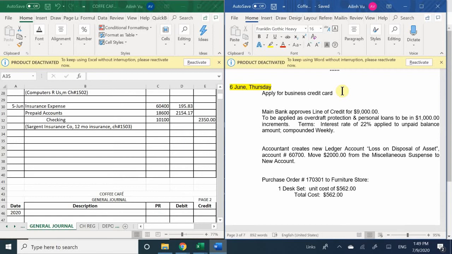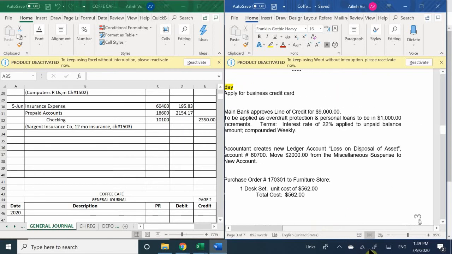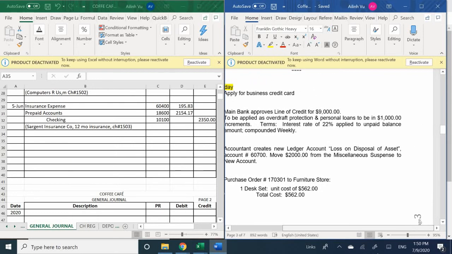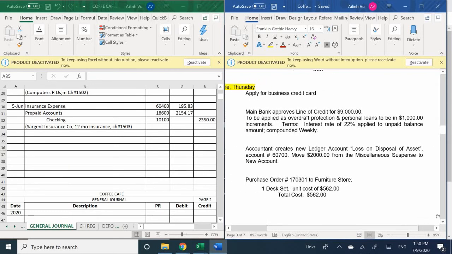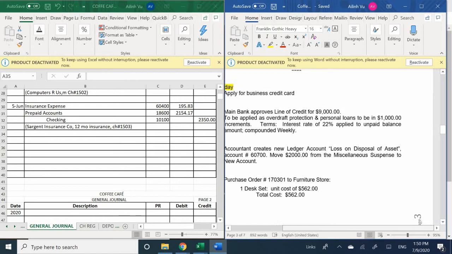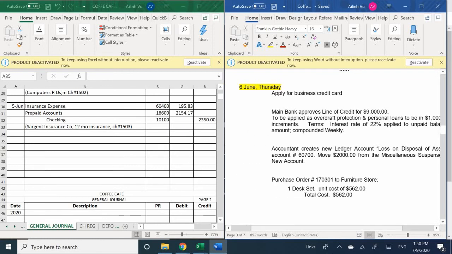And the interest is going to be, for every $1,000 that you go over your account, they will charge you a rate of 22%. That's very common, especially with credit cards or with a bank. So 22% is going to be applied based on any unpaid balances, okay?